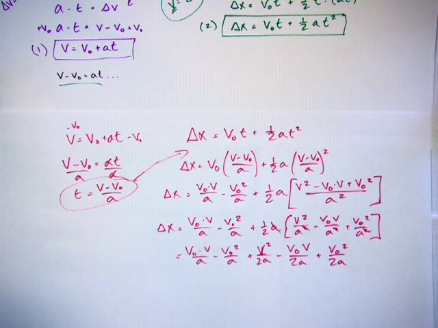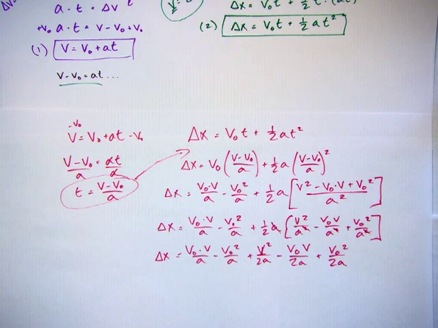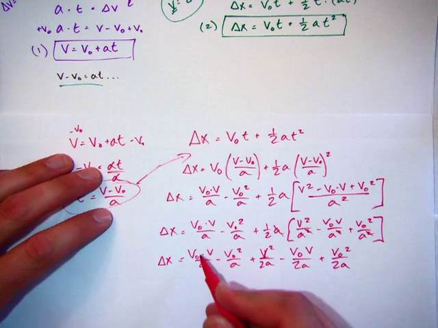Kind of a mess. Delta x. Alright, what can cancel here? So we have a lot of v naught squareds and v squareds. So let's get these grouped.